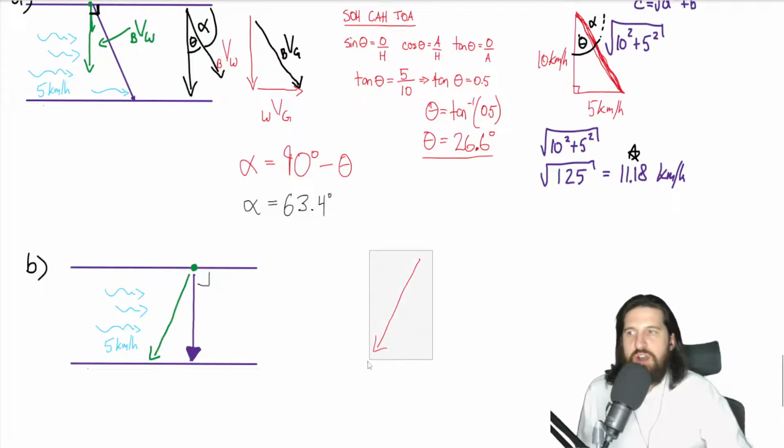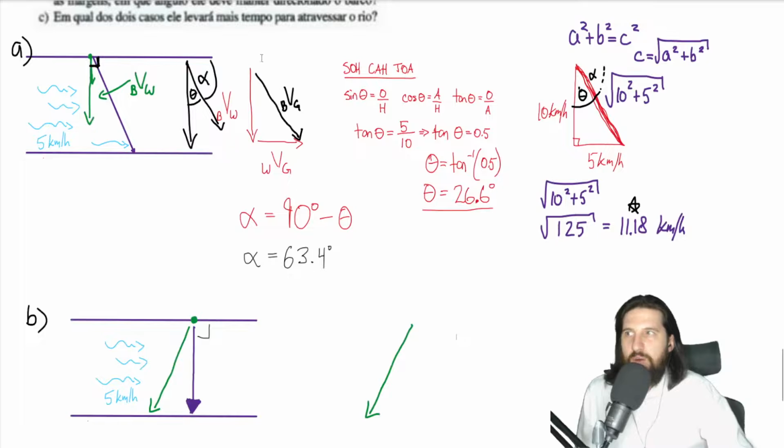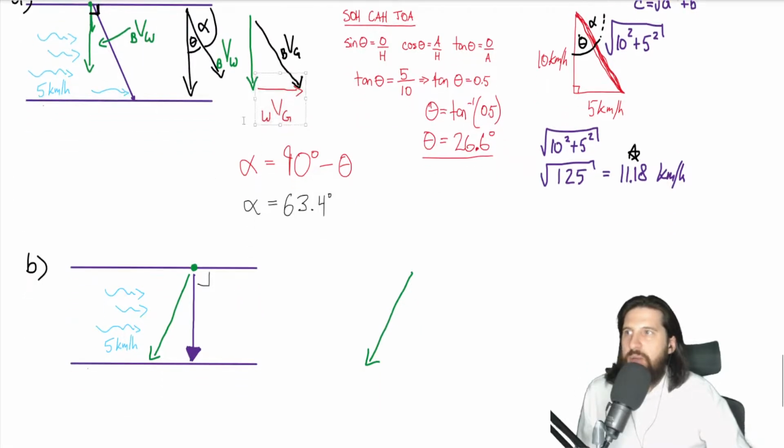And that was what we did here. And then to that, we add the water. Let's add the water on top of this one. There.